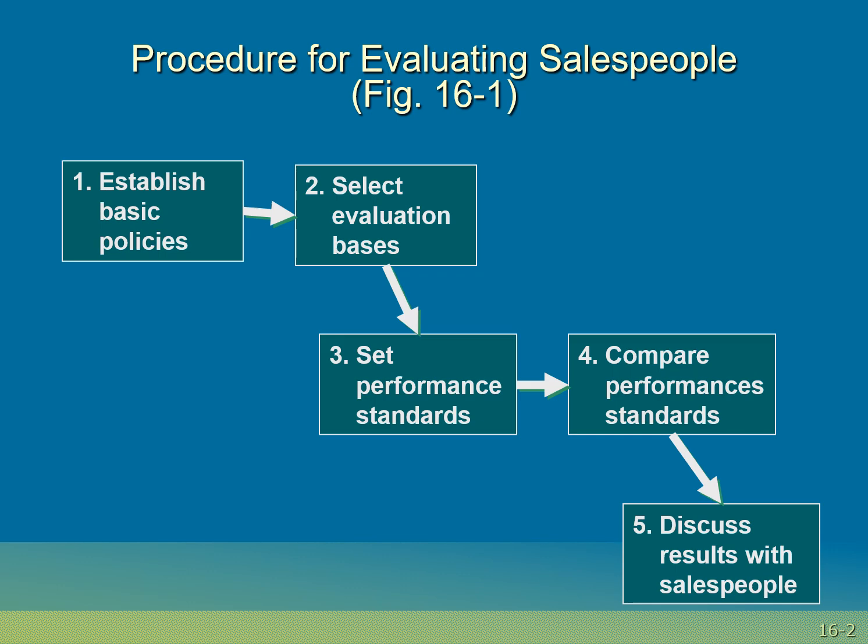And four, compare performance with the standards. Compare your salesperson's performance with the standards you set. And finally, discuss the results with salespeople, so they know where they fell short and how to make improvements. So that's the evaluation procedure.